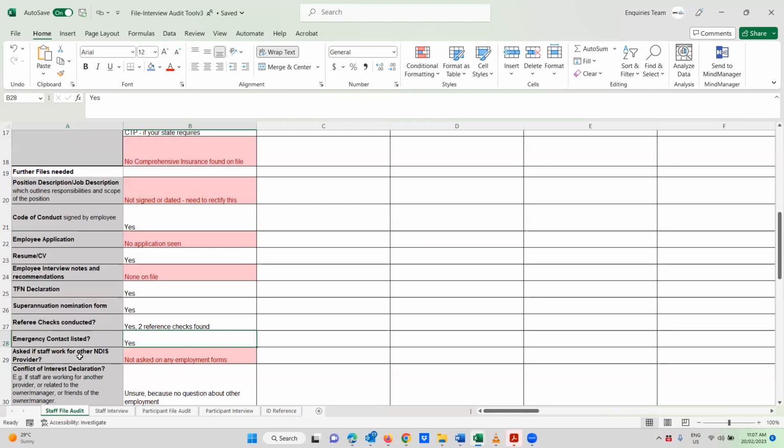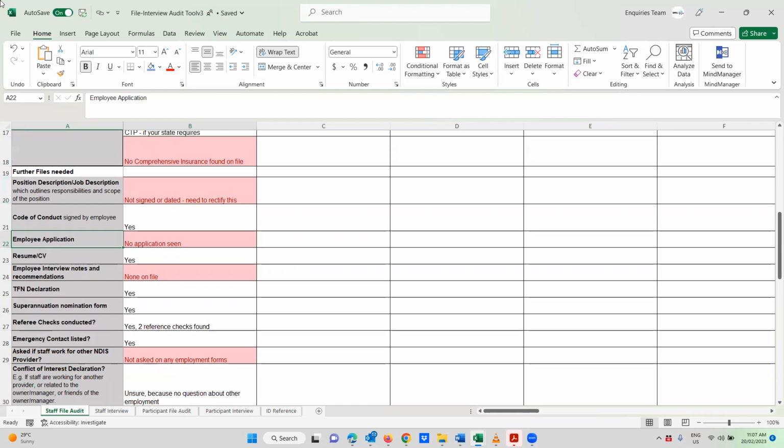Have you asked the staff member if they're working for any other services? You could ask it at any time you like, but what's the most sensible time and place to do it? In your employee application, or in your onboarding process. If you don't have it inside of another document, it's going to be forgotten. So really create a system.